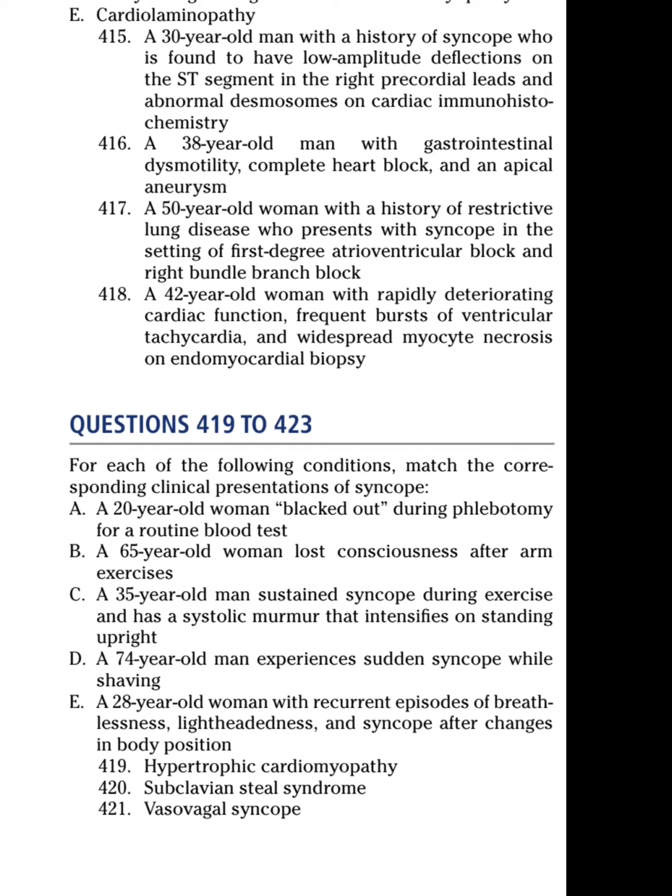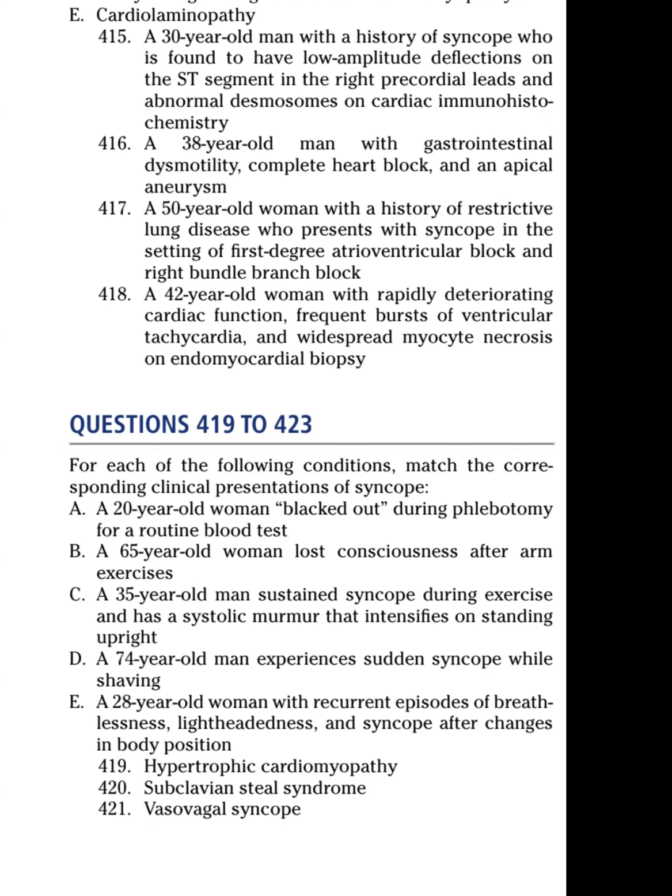Mostly in hypertrophic cardiomyopathy, you would be able to relate the syncope with exertion, and that is very key in them. While subclavian steal syndrome is usually a result of atherosclerotic stenosis of the subclavian artery, usually occurring proximal to the vertebral artery.